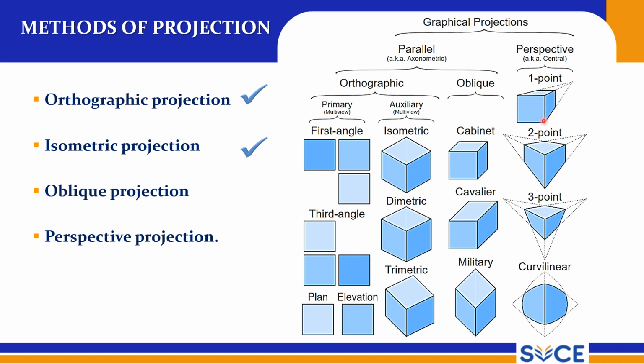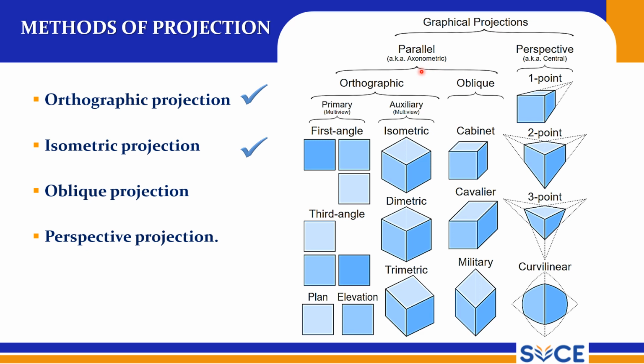Even though both have the same dimension, this looks smaller and this looks like a bigger line. So this is perspective projection. It is known as the actual projection. In a real view we see in this manner only, whereas in parallel projection, whatever dimension is given and whatever dimension we have, with that we project.